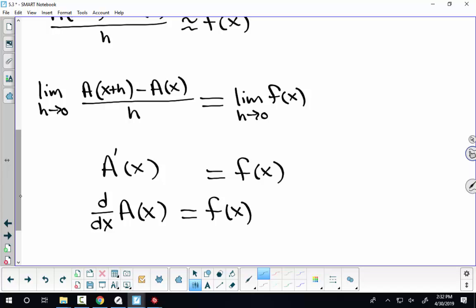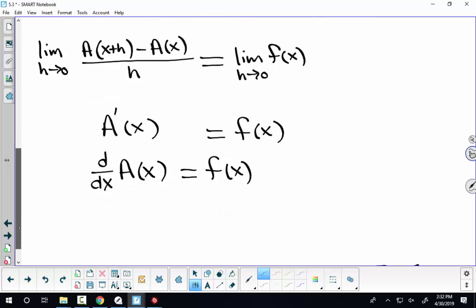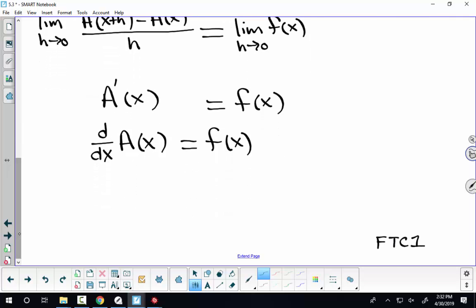And I always said that f of x was a continuous function from a to b. So we can extend the idea of the derivative of the area being the function itself, the function that's in the integral.